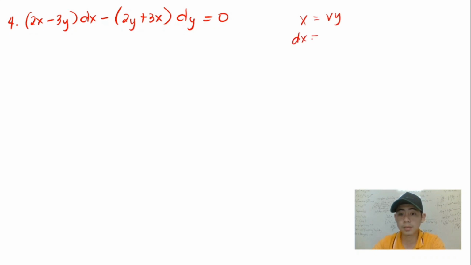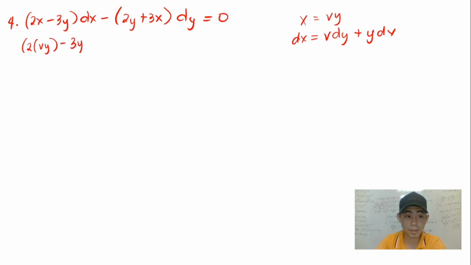And then, si dx is equal to v dy plus y dv, mga lodi. Okay? Now, use the magic substitution. Okay? So, 2 times vy minus 3y. Okay? So, times the derivative of x, which is v dy plus y dv.